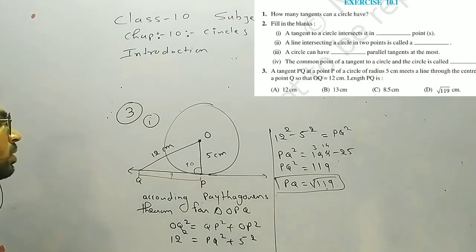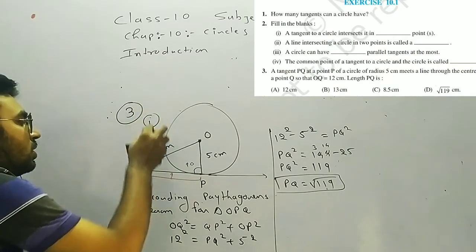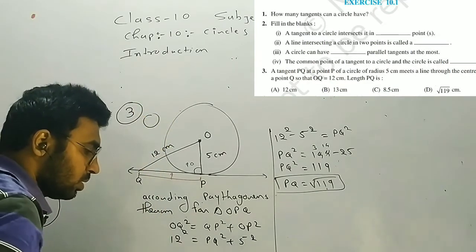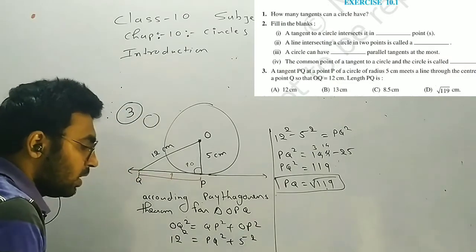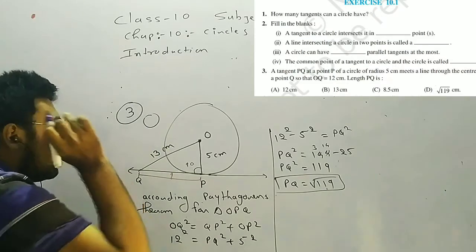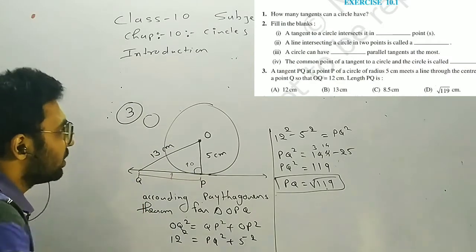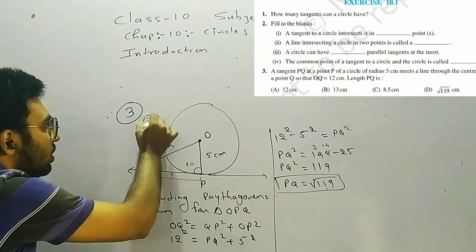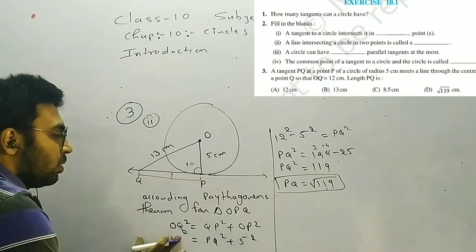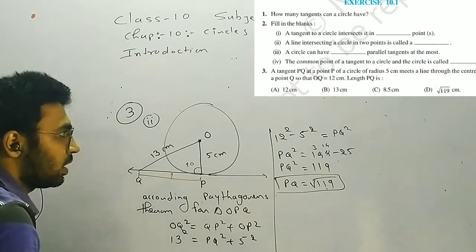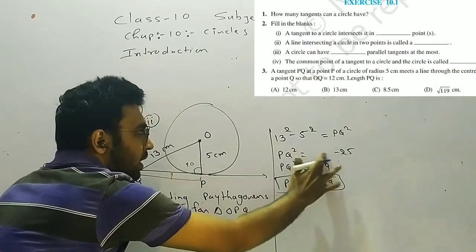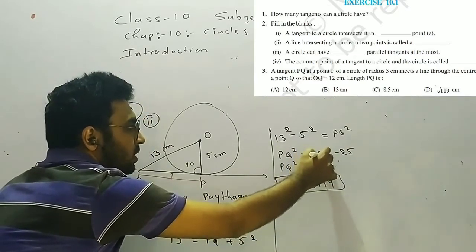Now solving the same question for the third. Here, this distance will be changed to 13 centimeters. Similarly, according to the Pythagoras theorem for triangle OPQ, you get 13 square, which is 169.